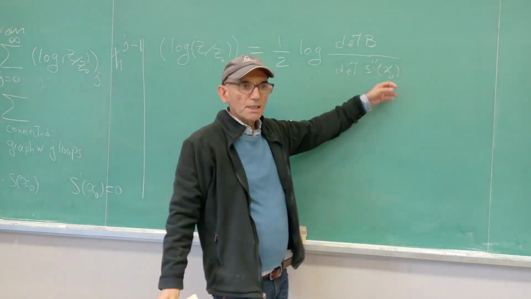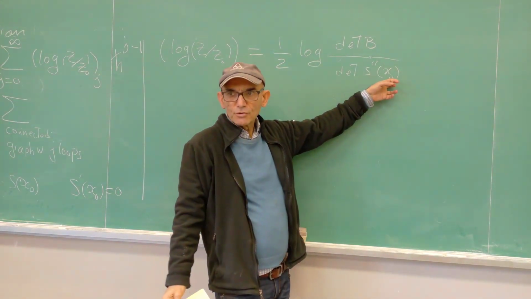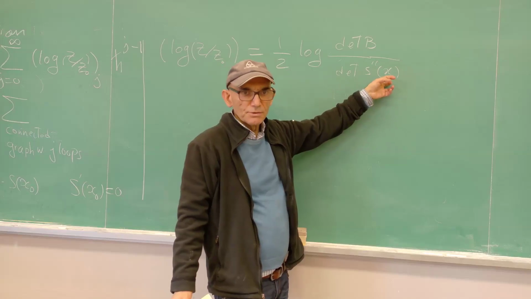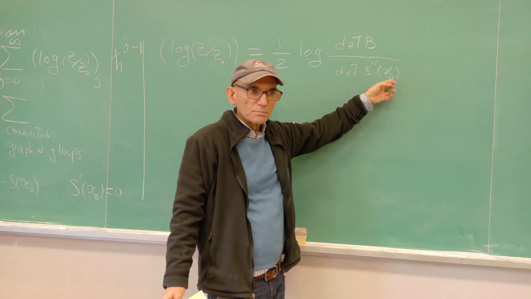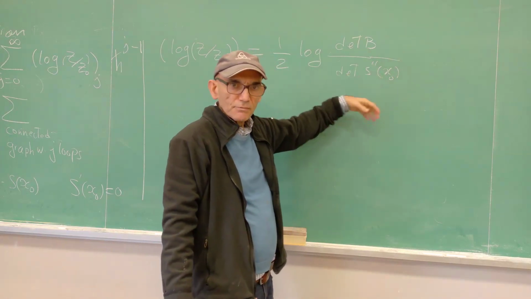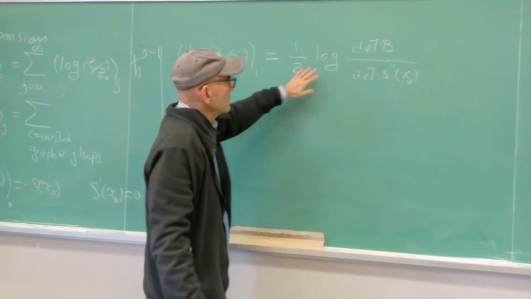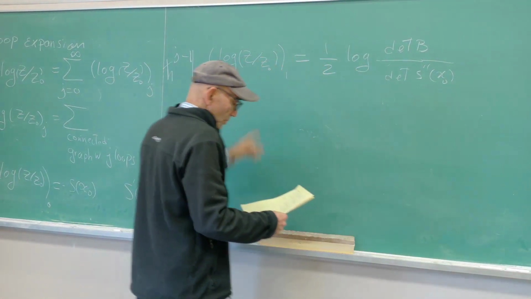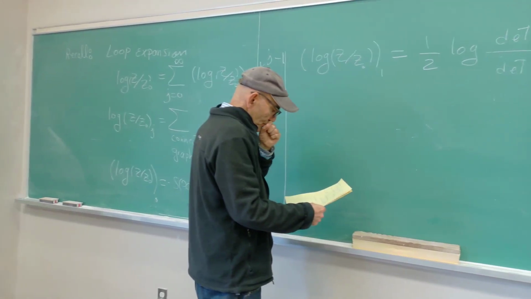You see, this is the Hessian matrix of the function at this critical point, and we are assuming that this is non-degenerate, so it is certainly an invertible matrix. We divide these two matrices, take the determinant, and then take log. So this is the one loop component.